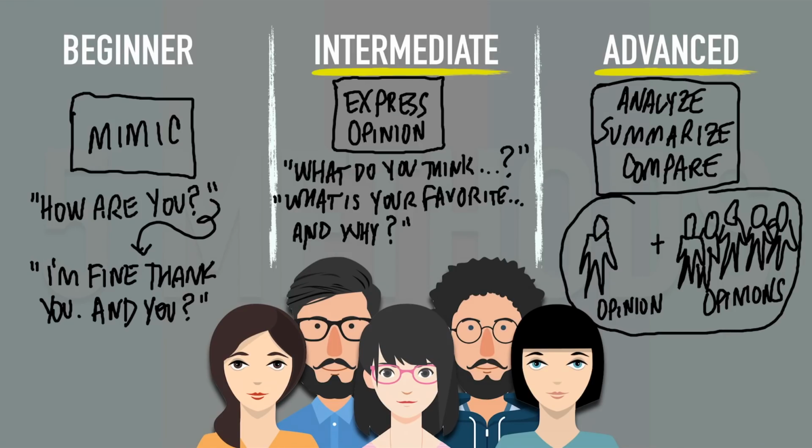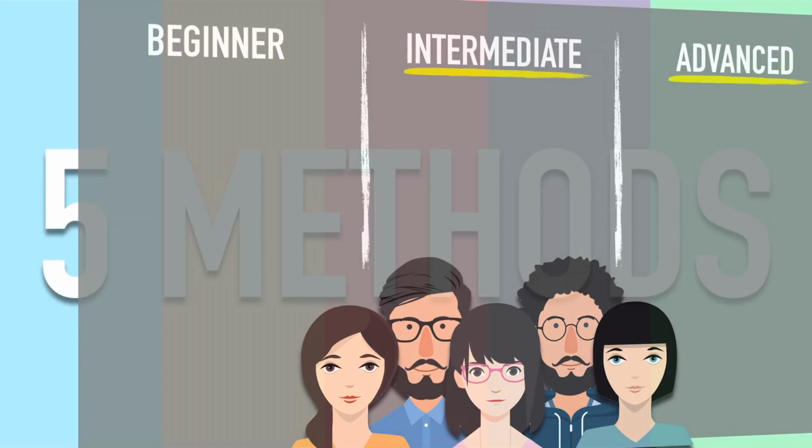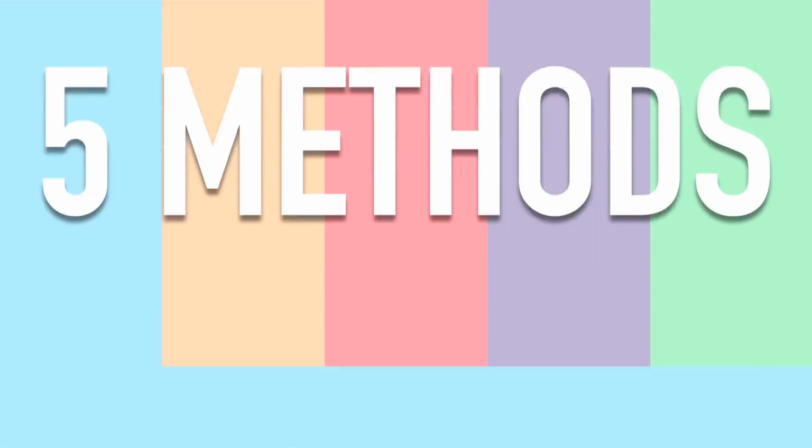This is why the advanced learner sometimes feels stuck. It's hard to know how to advance at this level. But don't worry. Today, I will teach you exactly how to do this. Okay? Let's keep going. All right, so let's get started with the first method.